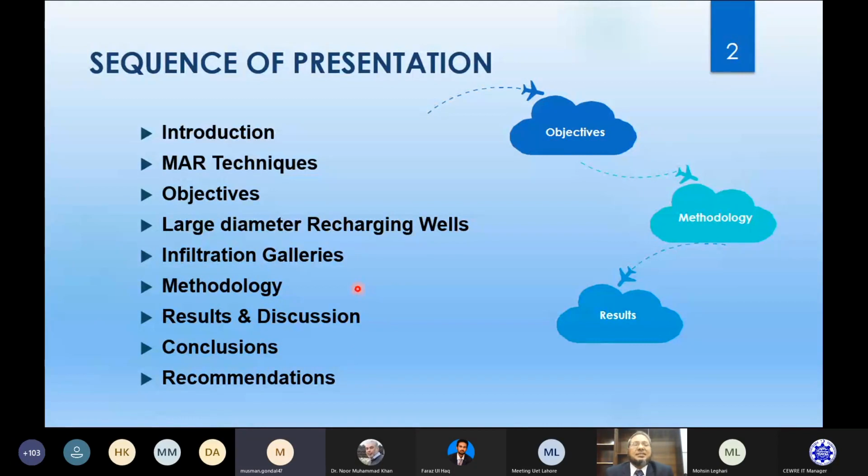Our MSc students have carried out research on the large diameter recharging wells and the infiltration galleries. Then I would like to discuss the results, and finally I would share the concluding remarks, and at the end I would like to give you recommendations based on the research findings and my experience.